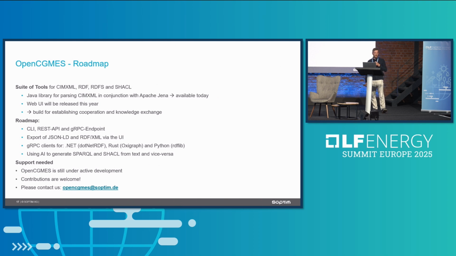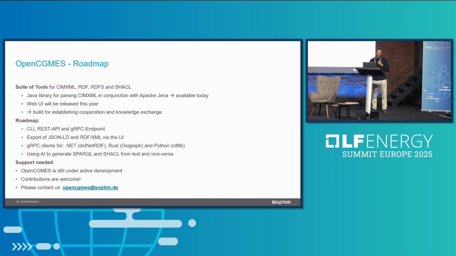So first of all, there's this Java library that works well in conjunction with Apache Jena, but it may also simply be used as a converter. You put in SimXML and get out valid RDF XML. The web UI, and on our roadmap are also command line interface, REST API, gRPC endpoints, export of JSON-LD.